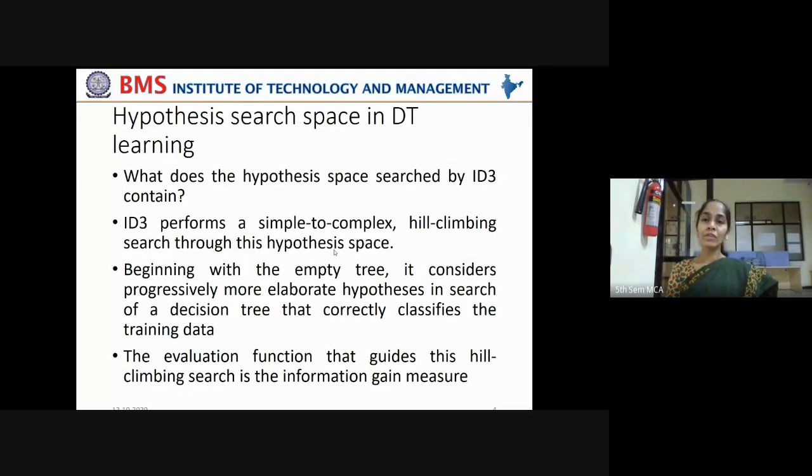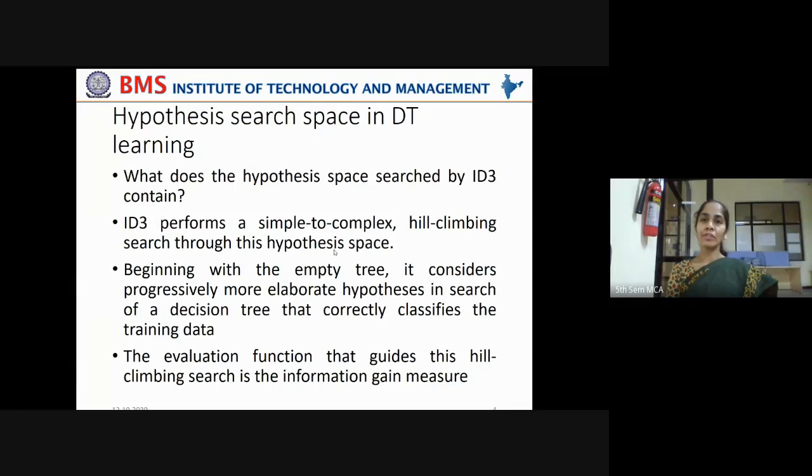Now, what is the hypothesis space searched by the ID3 algorithm or by the decision tree algorithms? What does it contain? ID3 performs a simple to complex hill climbing search through this hypothesis space, right?